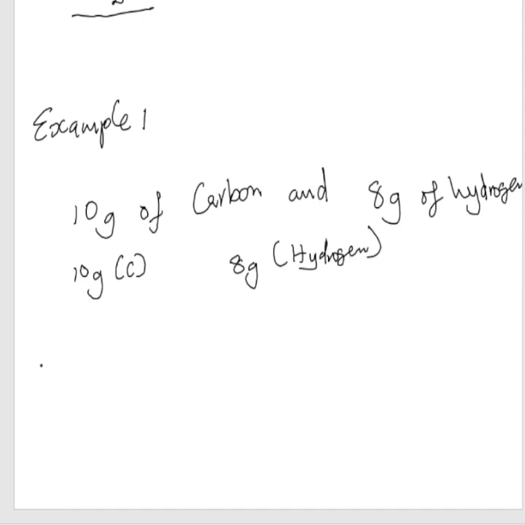The first step is to convert these grams into number of moles. How are we going to do that? We're going to check the molar masses of carbon and hydrogen.